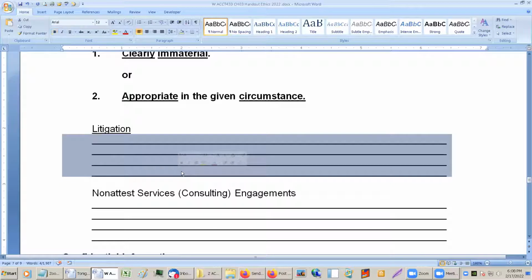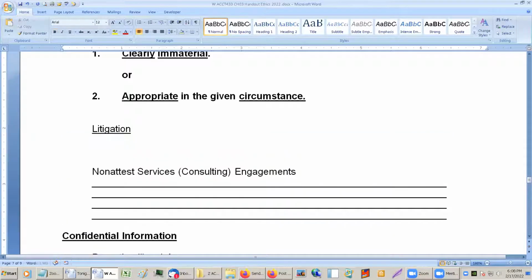Litigation. This also comes in two forms.